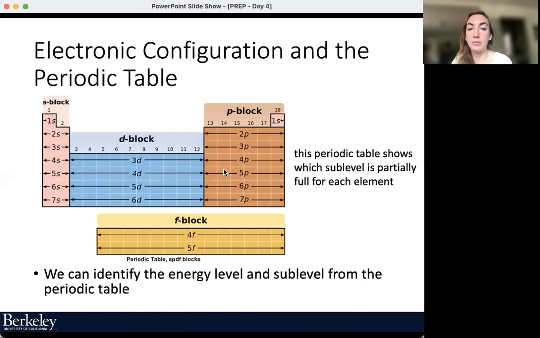And it has 1, 2, 3, 4 electrons in the 5p sublevel. So the rows kind of tell us what energy level we're currently working on filling, and the columns tell us how full that last energy level is. Does that make sense? Yes, thank you. Awesome.